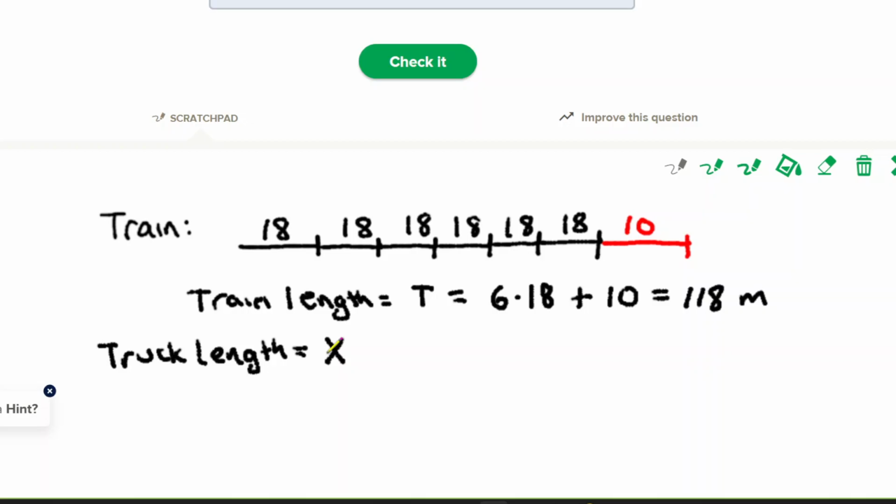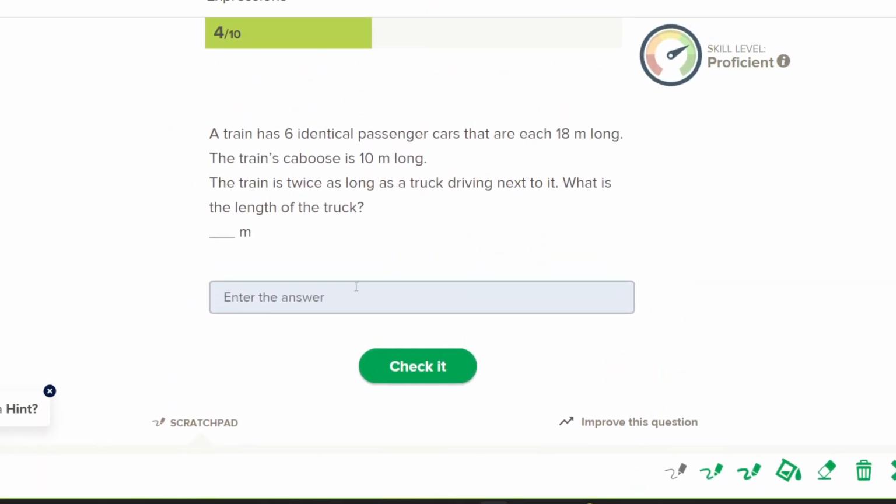And if I call the truck length X, we can use the last statement again to write an equation. There's the word "is" again in this last sentence. It says the length of the train is twice as long as the truck driving next to it. Twice is like 2 times. When you say twice or double, that's 2 times.